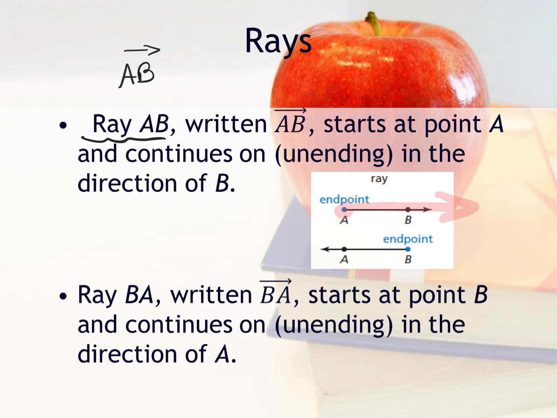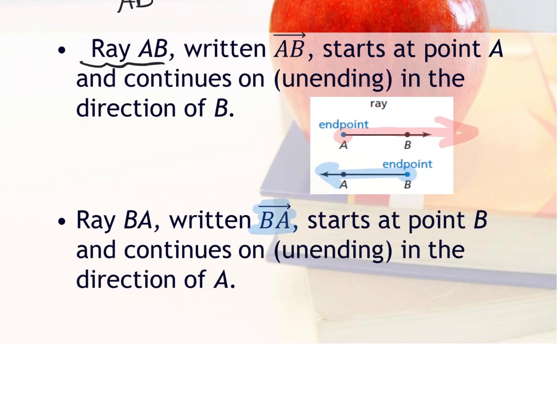Now, when I'm talking about ray BA, it starts at B, and it goes in the direction of A. You never want to name this with the arrow pointing to the left. So for example, let's say it was this way, a B here, and then an A. You would still name it like this.